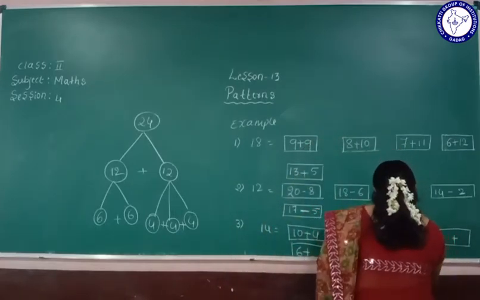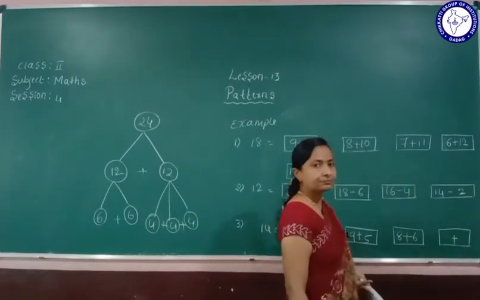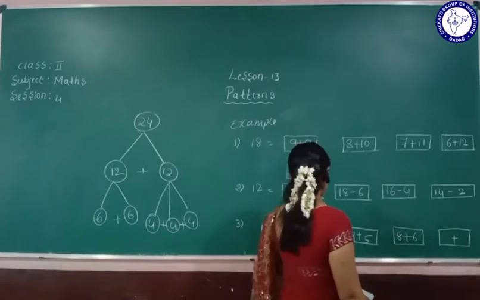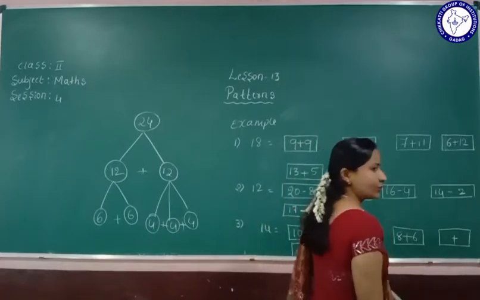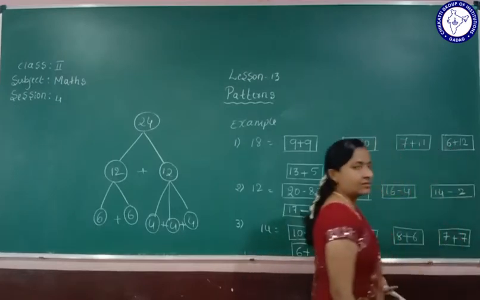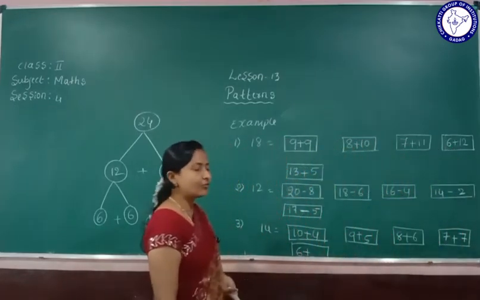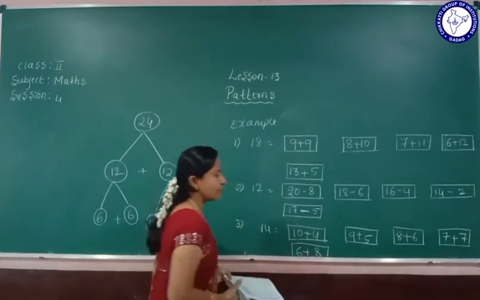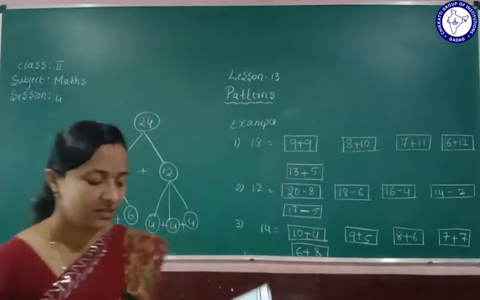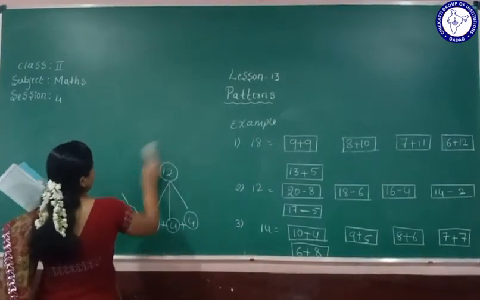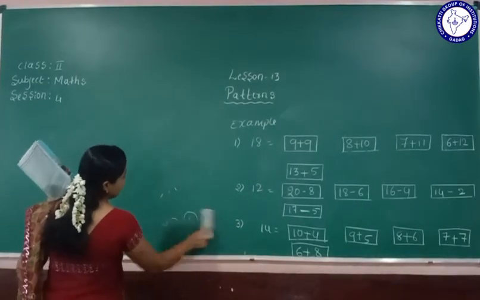So that is 8. 8 plus 6 we can get the answer how much? 14. Next one, 7 plus 7. 7 plus 7 is how much? 14. In the same way here, 6 plus 8 is 14. Understood that? Yes. So that number is split in so many ways.